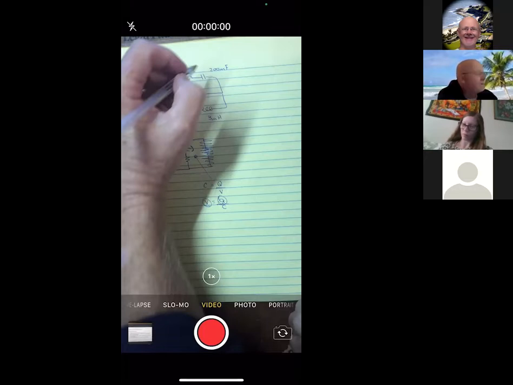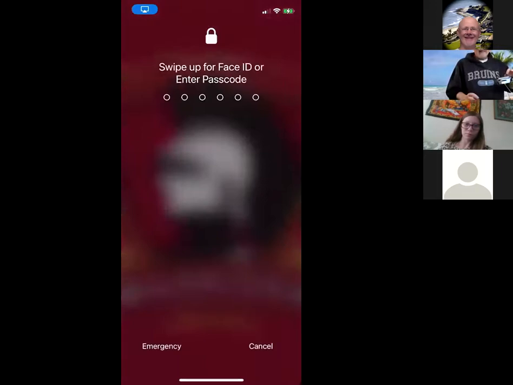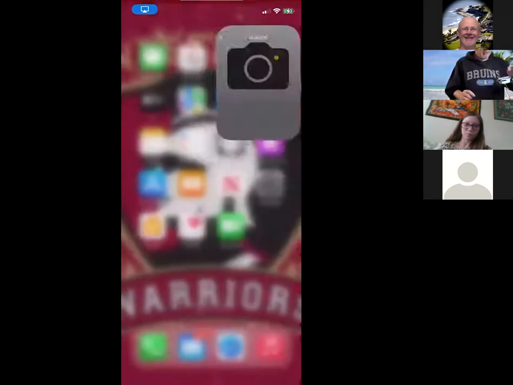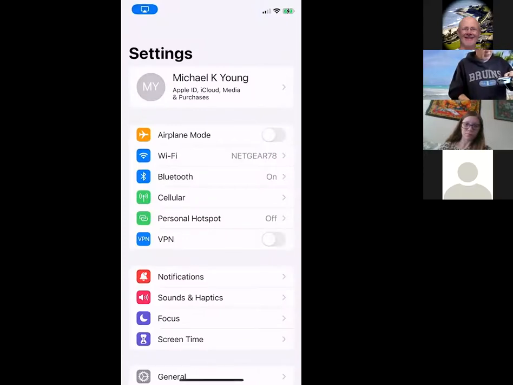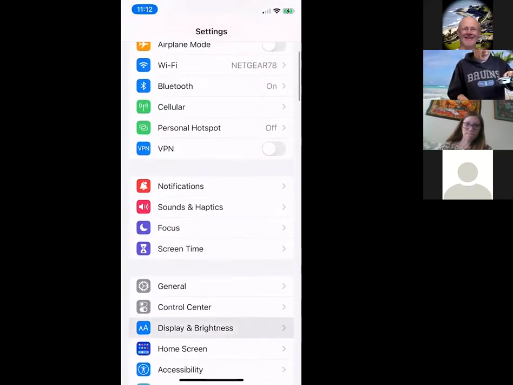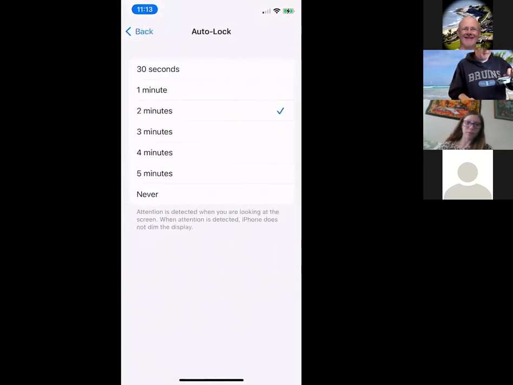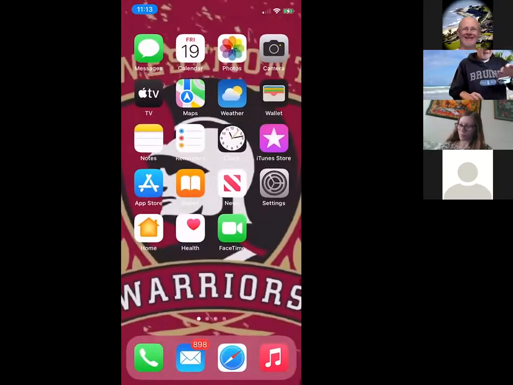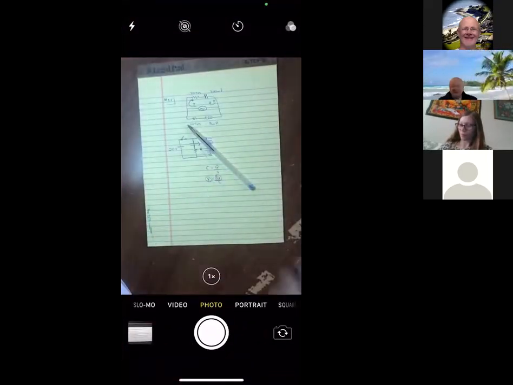It froze, I don't know why. I was trying to quickly set up. Each Friday I have to turn off my screen lock, and once it locks, it just freezes there. So let's see if that comes back. Okay, so let's turn off the timer there.